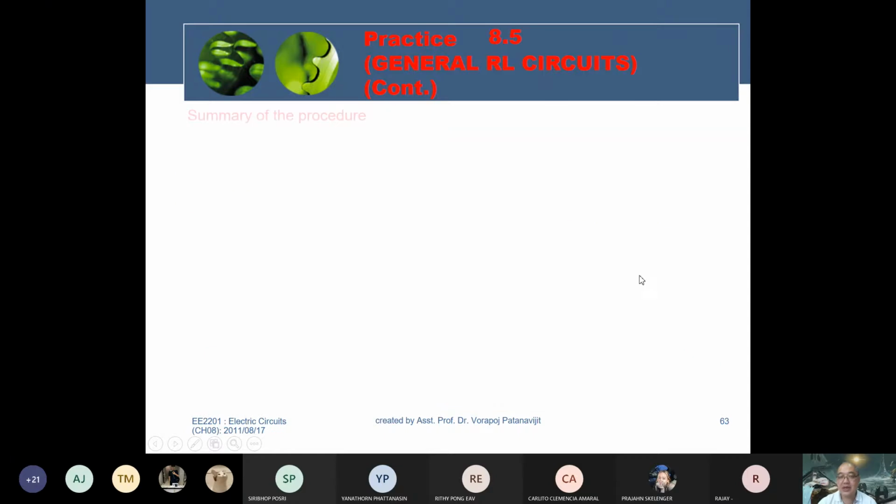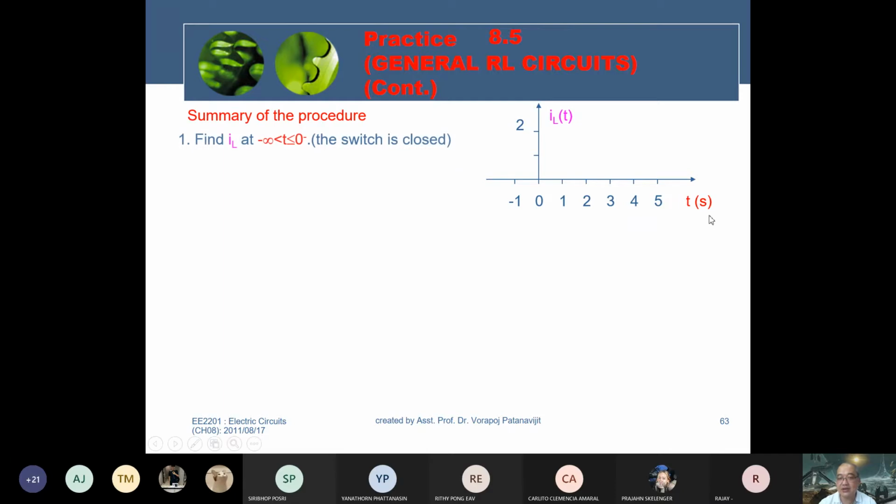Now, from the overall point of view, I will sketch the 3 currents to give you more understanding. The inductor current: for time less than 0, the switch is still open and the 2 amp source is still charging the inductor until it performs like a short circuit, until it is fully charged.